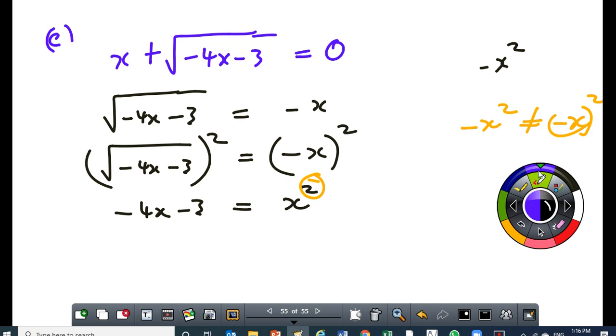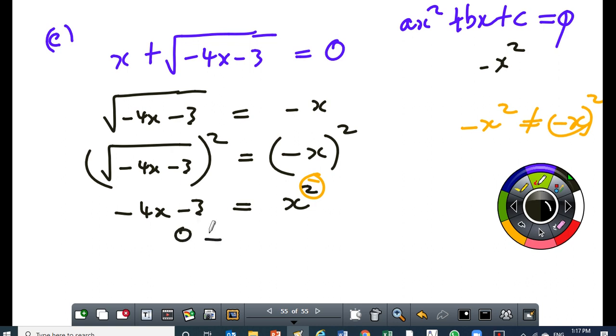Remember, your quadratic equation is of the form ax squared plus bx plus c equal to 0. So I need to rearrange this equation to that form. So I'll take the minus 4x to the right, the minus 3 to the right, and I'll get 0 is equal to x squared plus 4x plus 3.